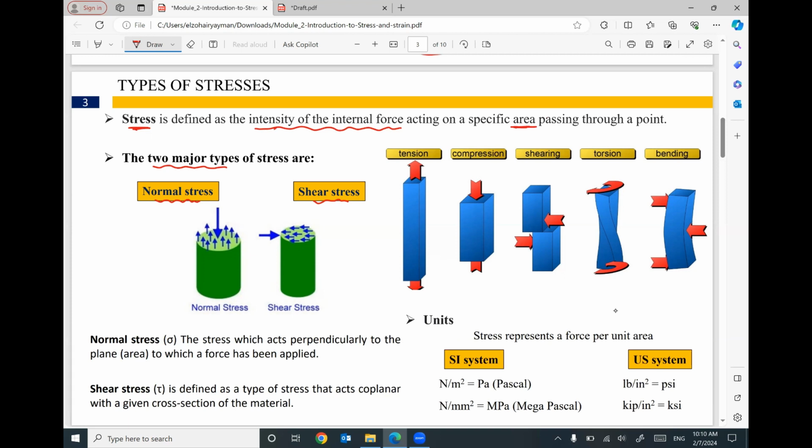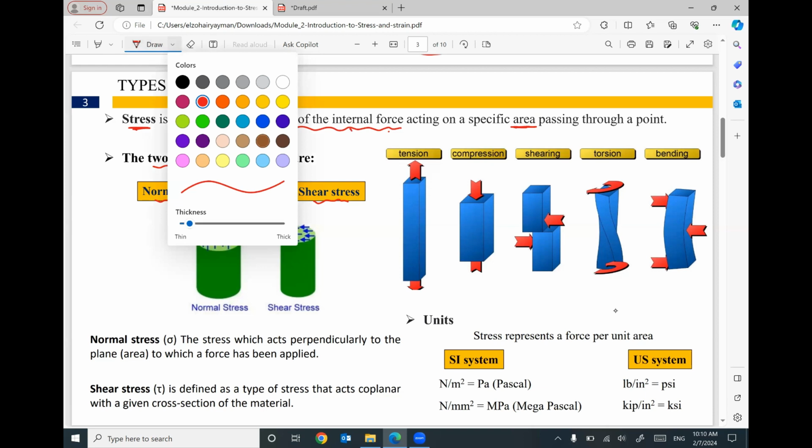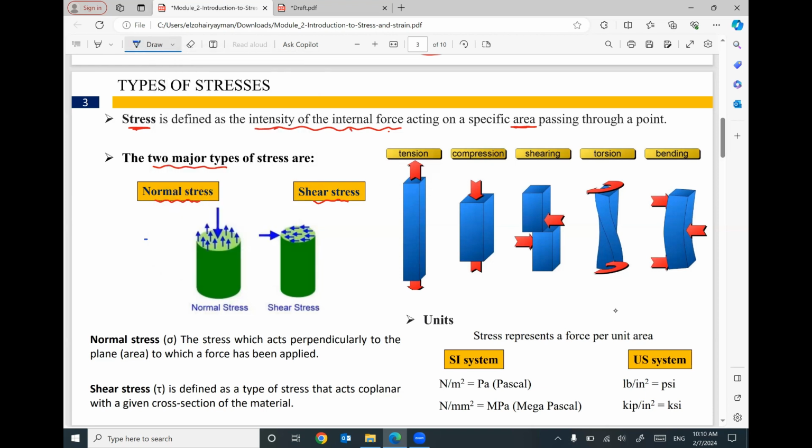If the intensity of the internal forces is perpendicular to the cross-section, it will be normal stress. What do you mean by cross-section? This member has a cross-section here. This cross-section, which is a circle, is the cross-section.